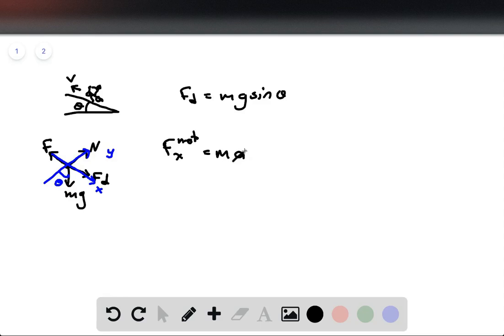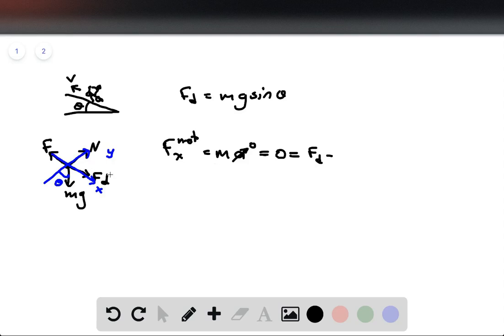So a is actually still 0. We want to know how much force she needs to exert to move at the same speed. So there's no change in that speed. So a is 0. And we have the drag force.